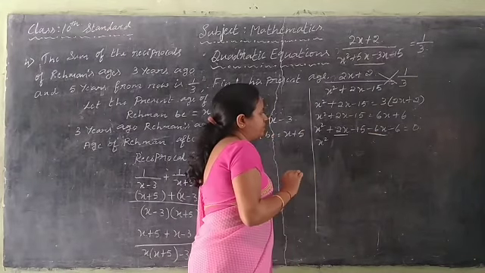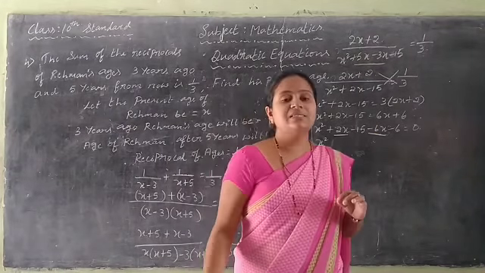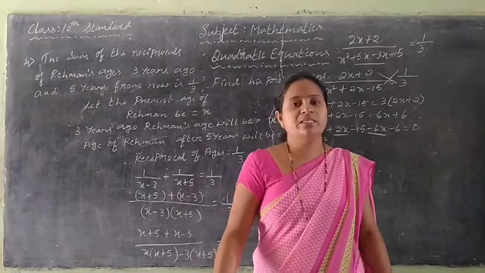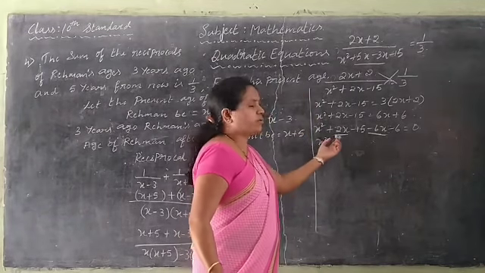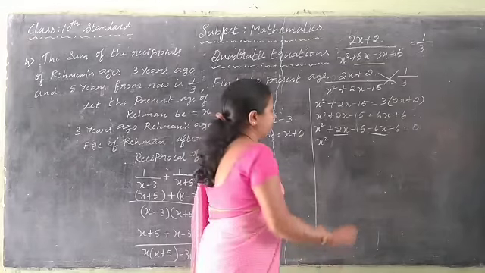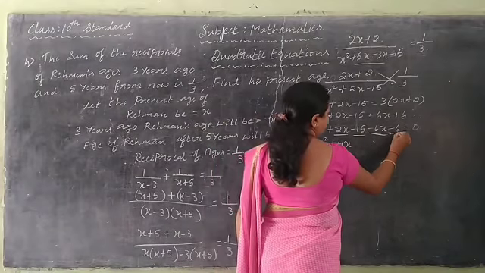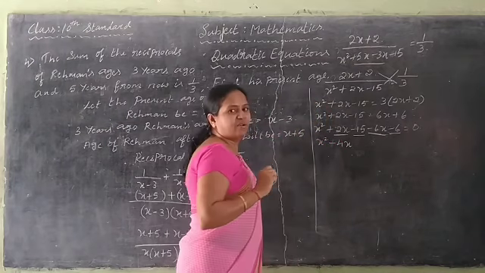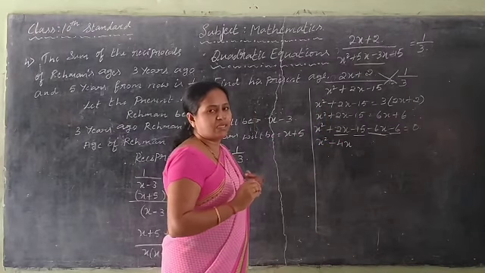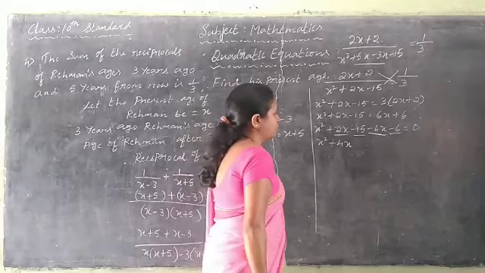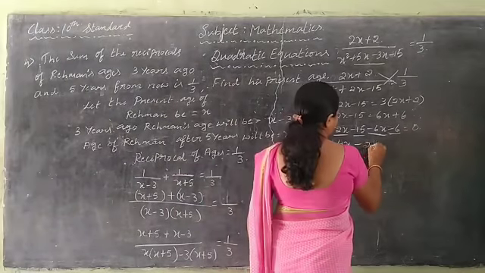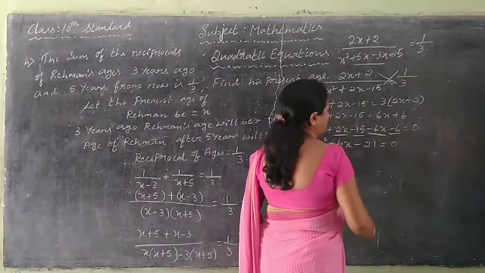Minus 6x and plus 2x. From minus 6x you have to subtract 2x. You will get minus 4x. In the same way, minus 15 and minus 6. Both numbers have a minus sign, so we have to add. So we will get minus 21 equal to 0.